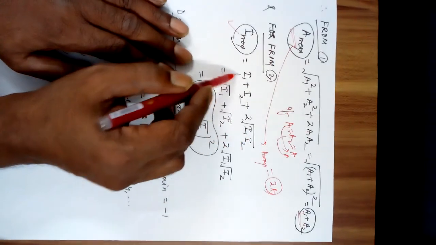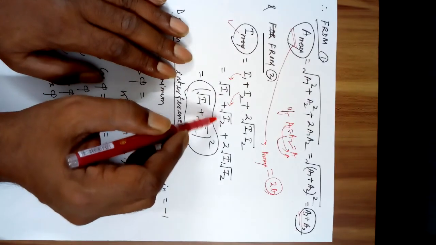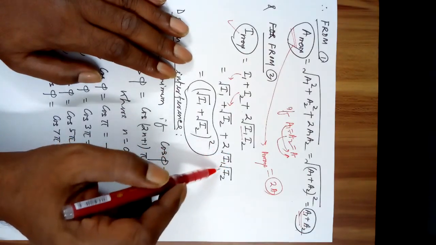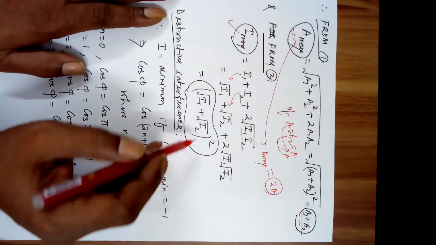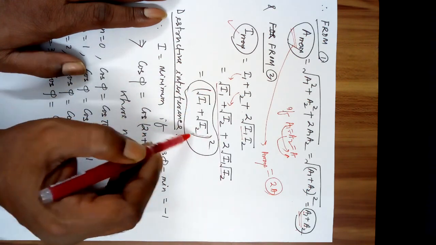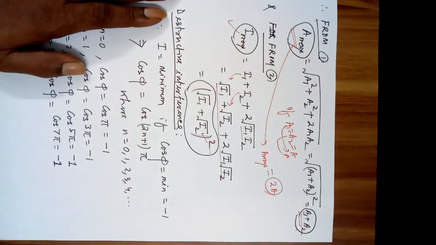This I can write it as square root of I1, this I can write it as square root of I2. This I split as square root of I1, square root of I2. I did so to put it into an algebraic formula. So this whole thing becomes whole square of square root of I1 plus square root of I2.